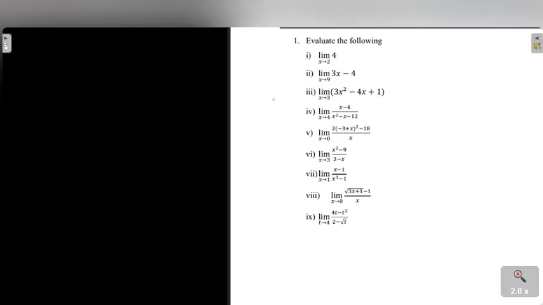Then we move to part 5. For part 5, we have the limit of 2 open brackets, negative 3 plus x, to the power 2, minus 18, over x as x approaches 0.